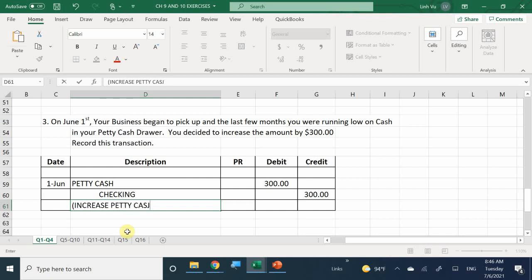Right now, how much money did I have in my petty cash fund? You have 500, right? And now that I'm increasing it by 300, how much should I now have? 800. You should have now 800, correct. So that's how we increase our petty cash fund: if $500 is not enough, we just add however much we need that seems to be reasonable.